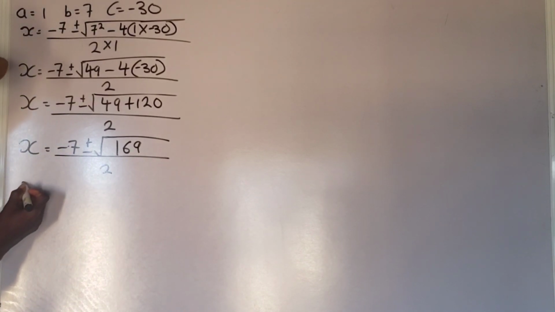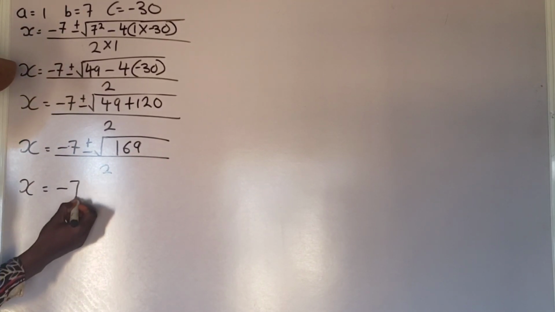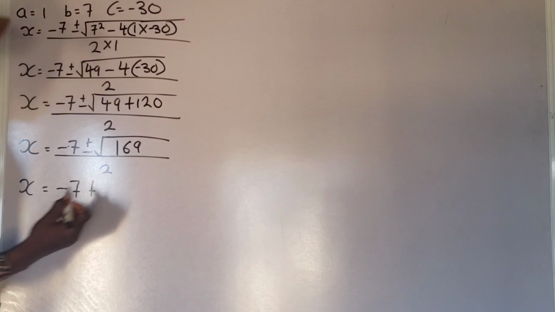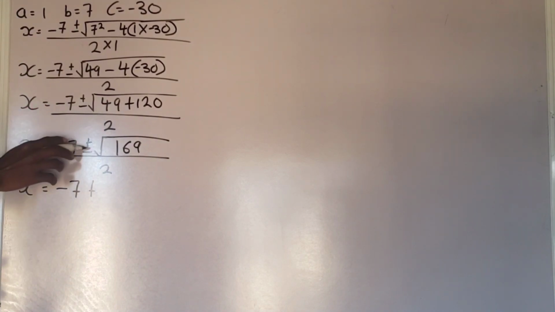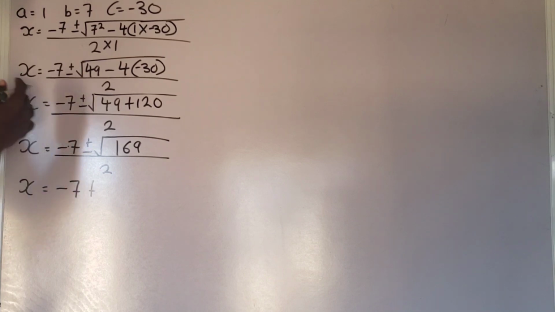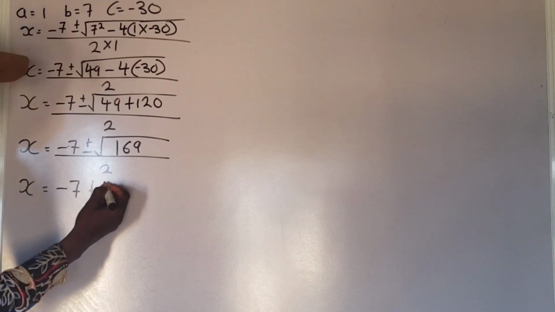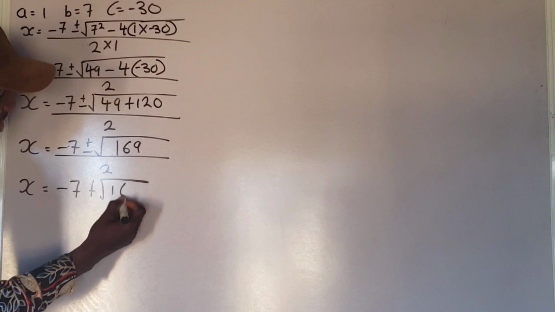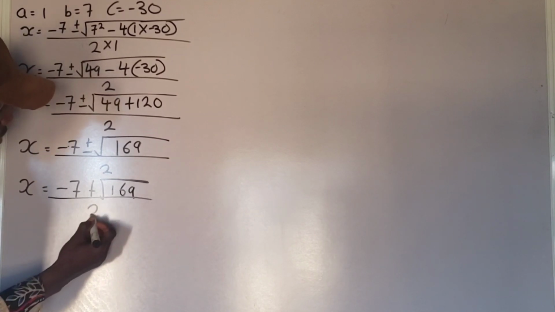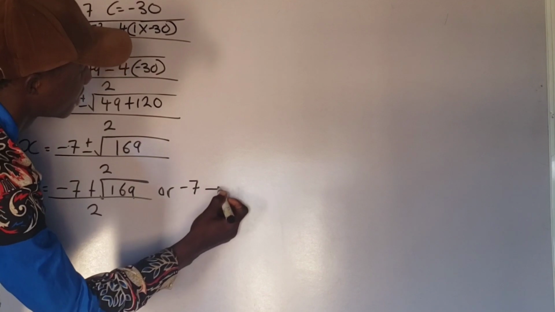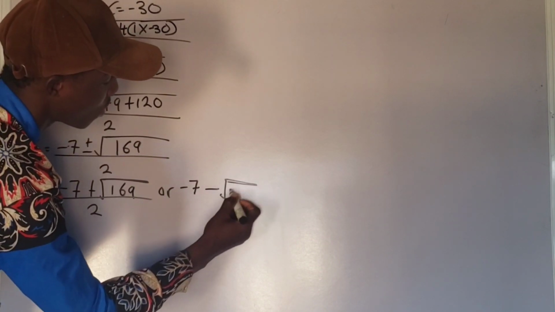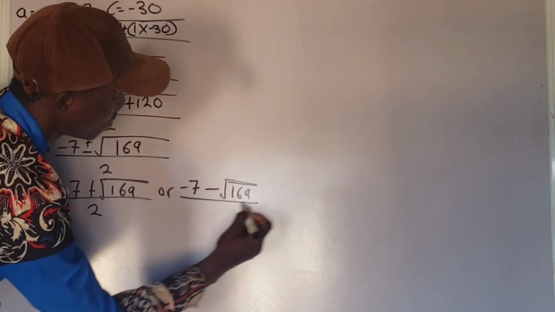So x equals negative 7 plus, now I want to split, because I'm having two signs here. We have positive and negative sign, so I'm going to split this sign. So here I'm going to have the square root of 169 all over 2, or negative 7 minus the square root of 169 all over 2.